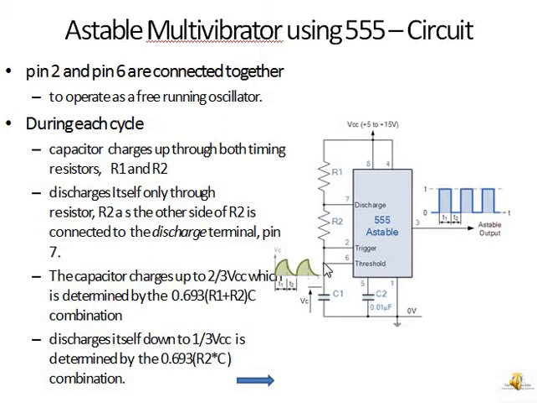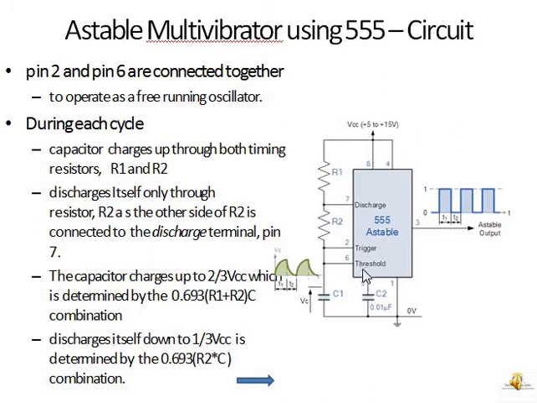Here R1, R2 and C form a series network between VCC and ground. The reset pin of this IC is not being used, so the reset pin is connected to VCC or pulled up, and the control pin is connected to ground by using a 0.01 microfarad capacitor.